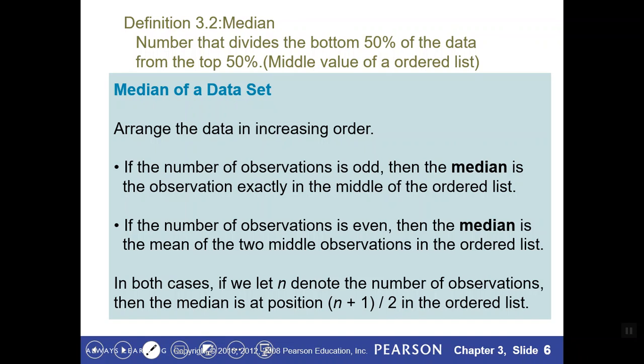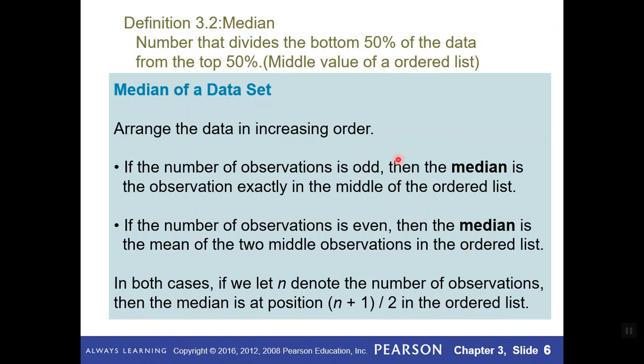If we order my observation list, the middle value is the median. So in the first place we need to arrange our data into increasing, ascending order.